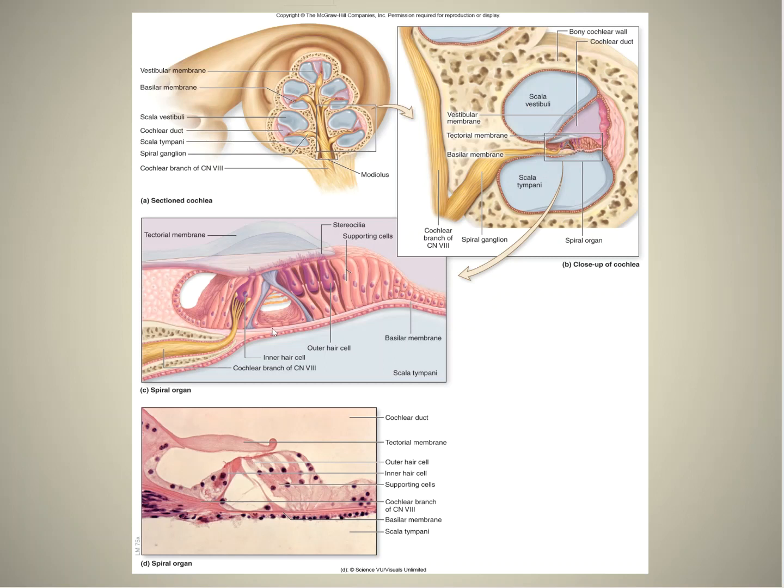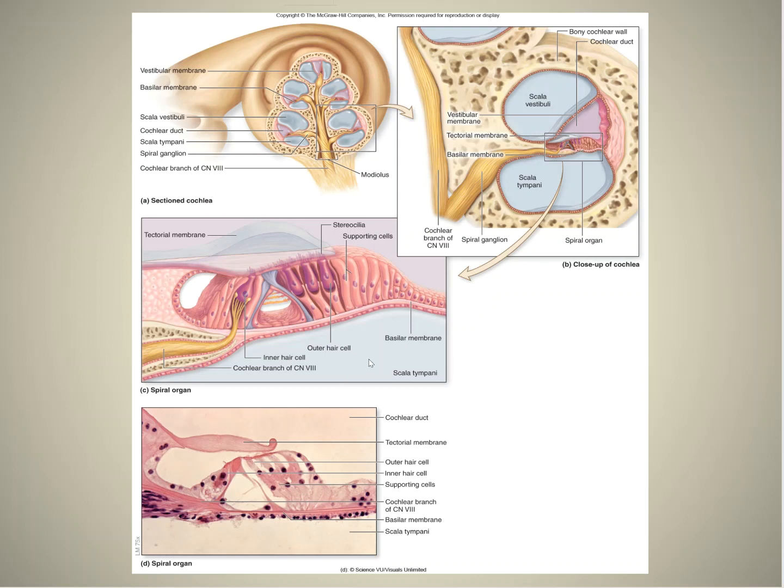This is the spiral organ of Corti, and these are the hair cells right here. They have stereocilia, and those stereocilia are embedded into a tectorial membrane, which doesn't move. And here's an actual microscope view of the spiral organ.